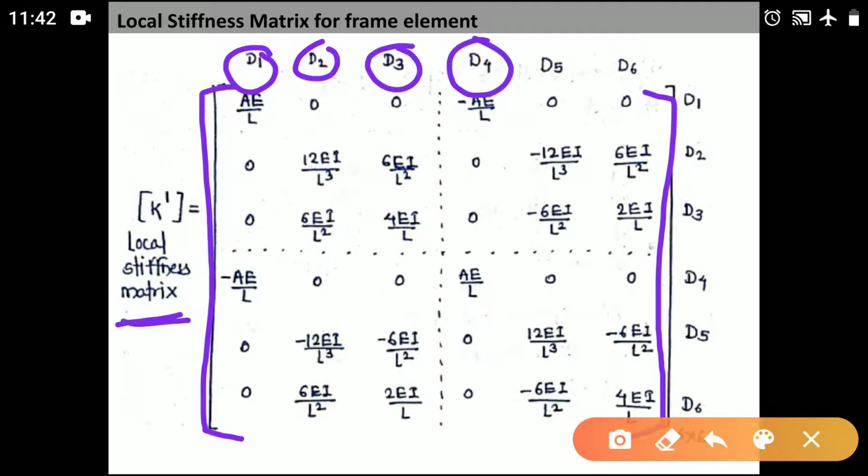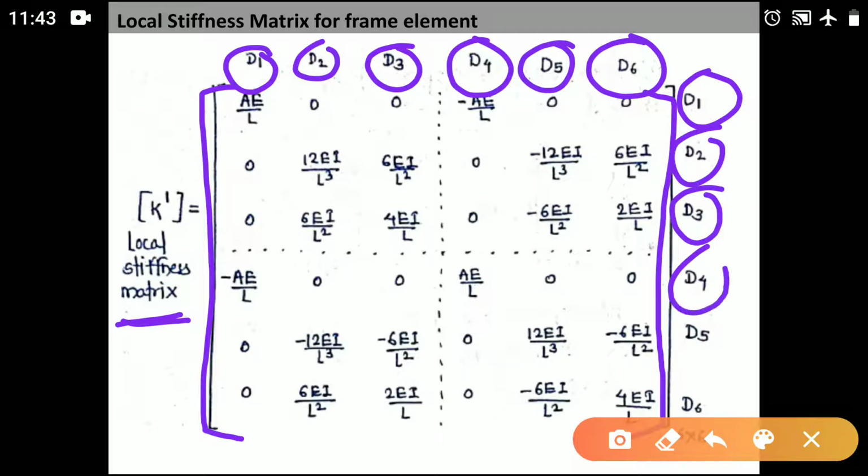Write down for each column its corresponding degree of freedom, from D1 to D6. 6 columns are there, now 6 rows. For each row write down D1, D2, D3, D4, D5 and D6. Now we have to write all these elements.